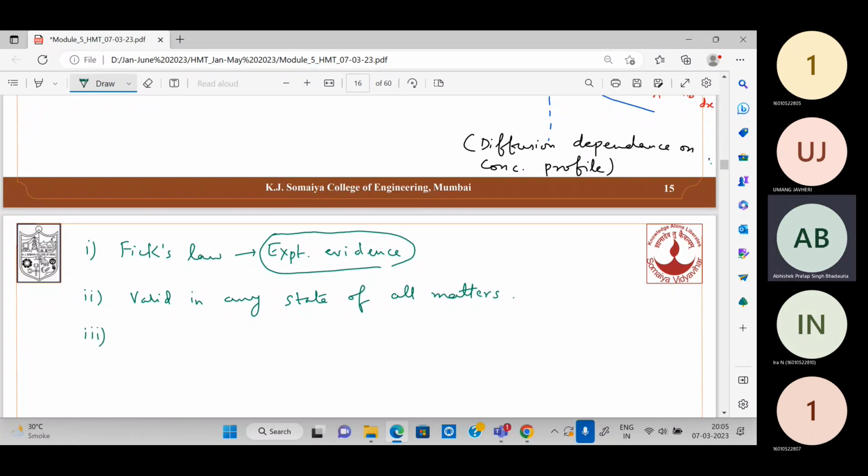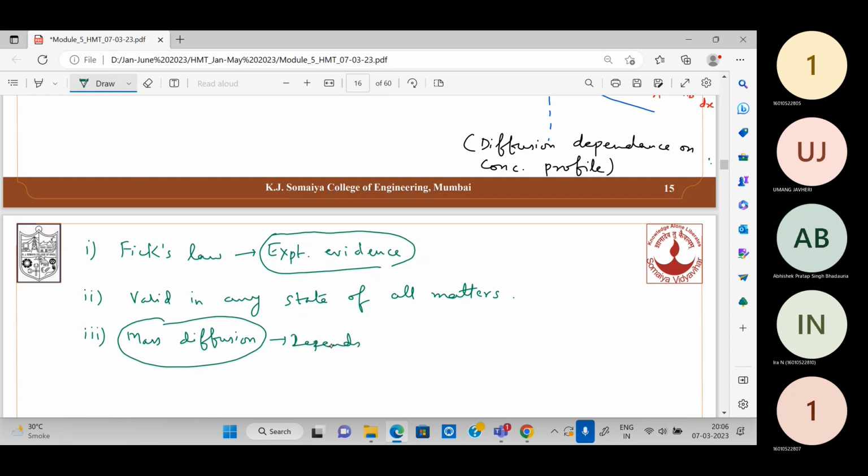Next, the mass diffusion rate depends on concentration gradient. Let's write this: mass diffusion depends on concentration gradient.